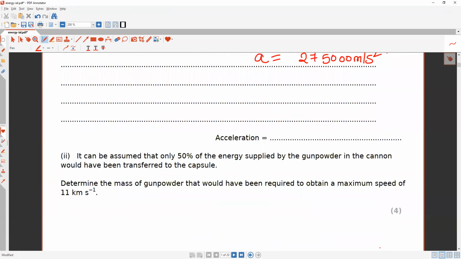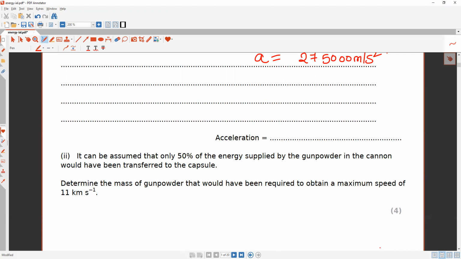Now, this is a very important part. It can be assumed that only 50% of the energy supplied by the gunpowder is used; it is only 50% efficient. So if you use 1 kg, technically you are using only 0.5 kg, because the other 0.5 kg is waste. That energy in the cannon would have transferred to the capsule. Determine the mass of gunpowder that would have been required to obtain a maximum speed of 11 kilometers per second.